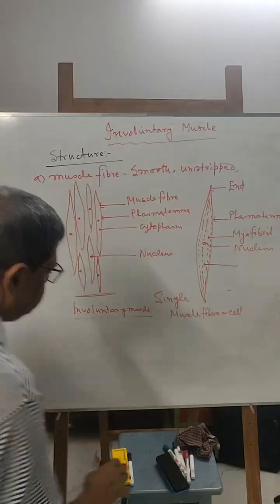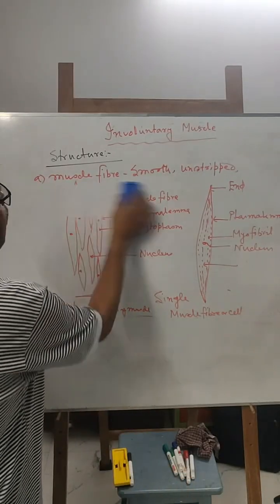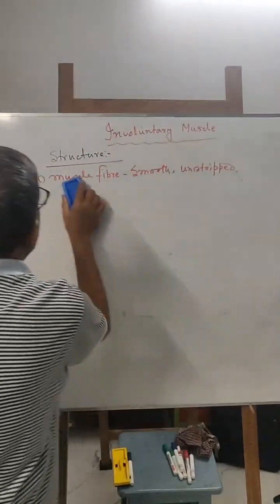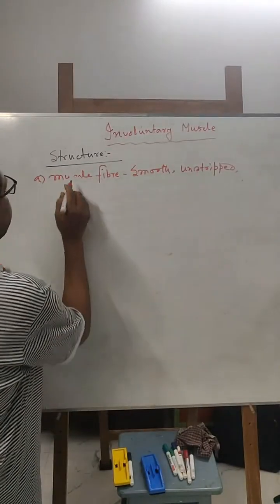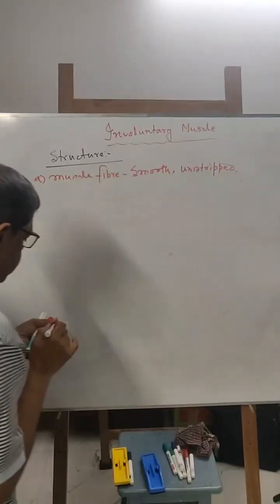Next, structure. A: The muscle fiber is smooth, unstriped.